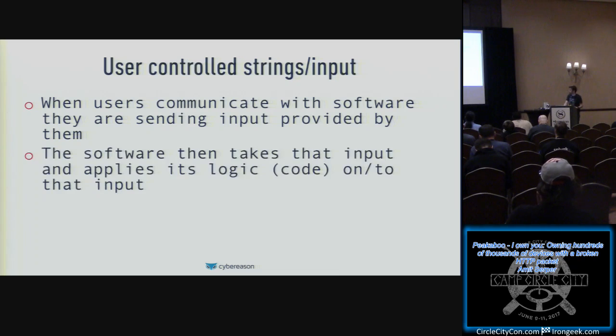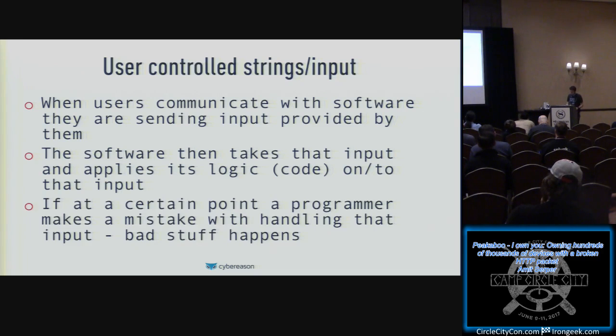And this is pretty much what command injection is, or buffer overflow is. And programmers make mistakes. Always. It doesn't matter if it's a shitty IoT device or if it's the Windows kernel. People make mistakes, and when people make mistakes, this is where hackers come in.